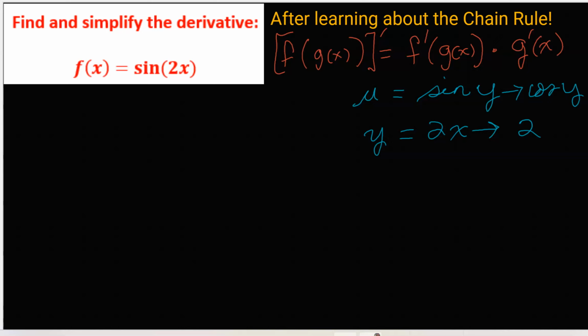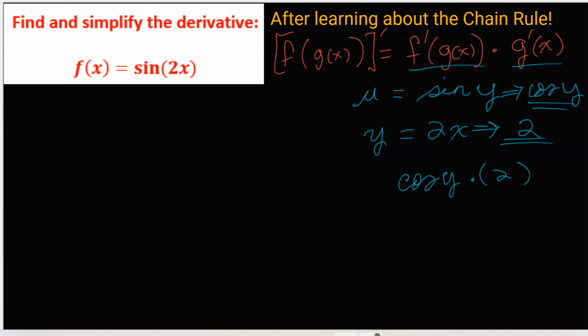So when you take the derivative, you would have cosine of y multiplied by 2. So that is what it means to be the derivative of the outside multiplied by the derivative of the inside. So that would be cosine of y multiplied by 2.